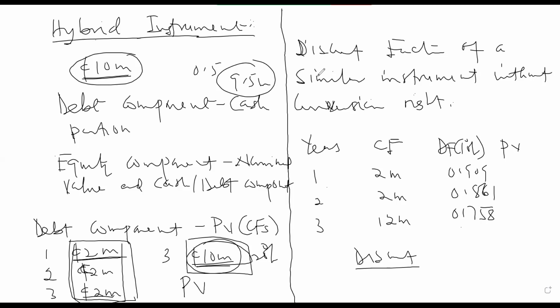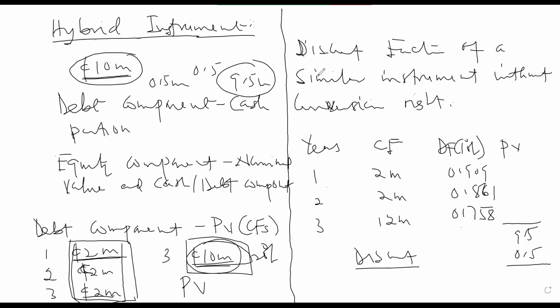If the transaction cost is 0.5 million, you still use your 10 million to determine your debt and equity. You find the present value of all the cash flows, compare it with the 10 million and get the equity component.